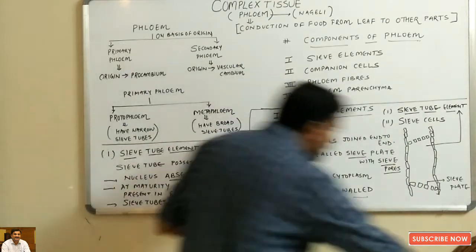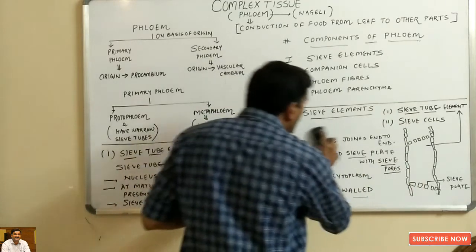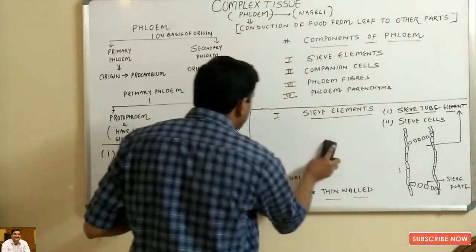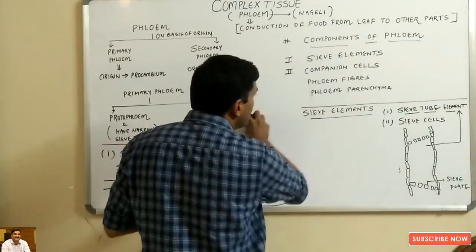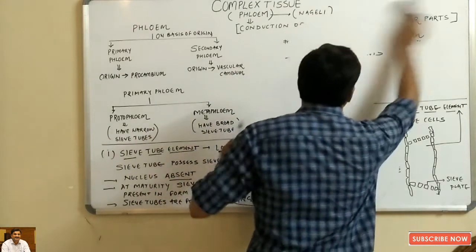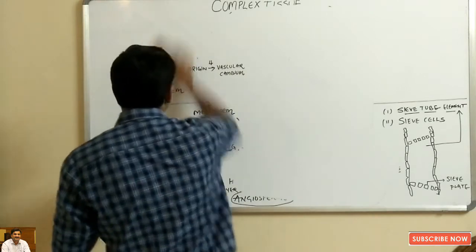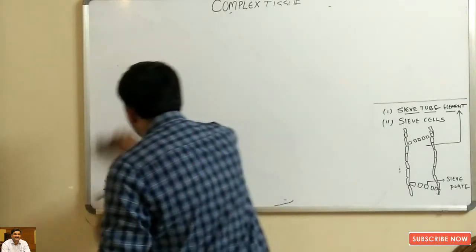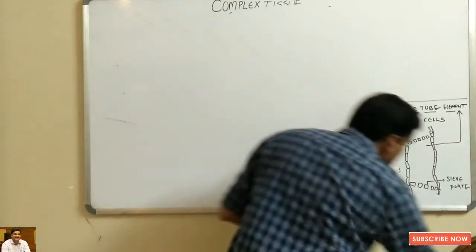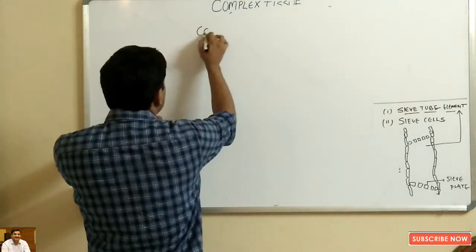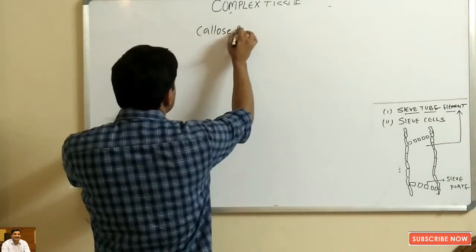Okay. Now let's have a look at what happens in the winters in these sieve tubes. In winters, as we know very well, the temperature comes down. So what happens? I am talking about callose plugs.